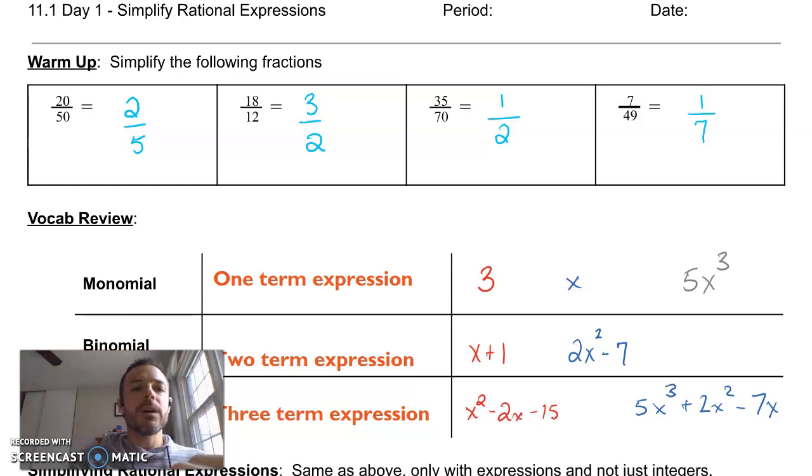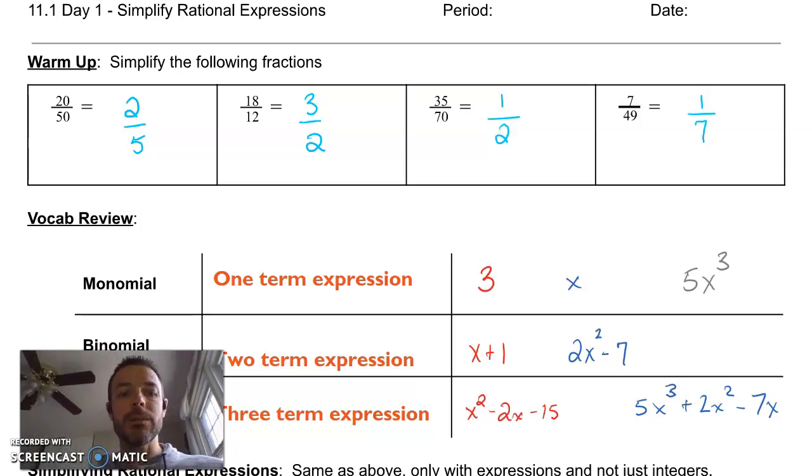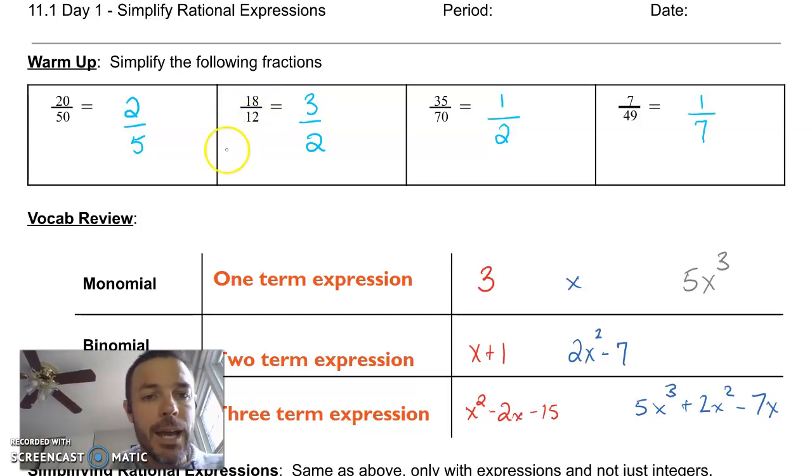All right, before I move on, I want to talk about one additional thing that's super important. And again, we've talked about this a lot, we've reviewed this a lot, and it's the idea of when we're simplifying fractions, why does that simplify? The concept comes down to the fact that, say if I take 18 over 12 as an example, 18 over 12 actually could be rewritten as 18 as 6 times 3 and 12 as 6 times 2.